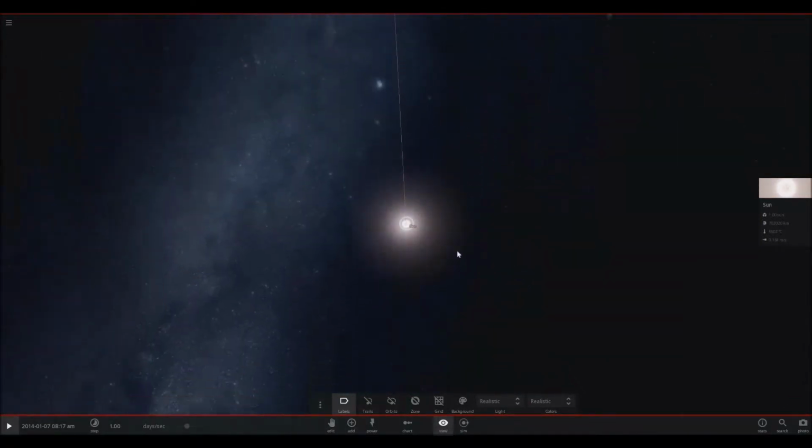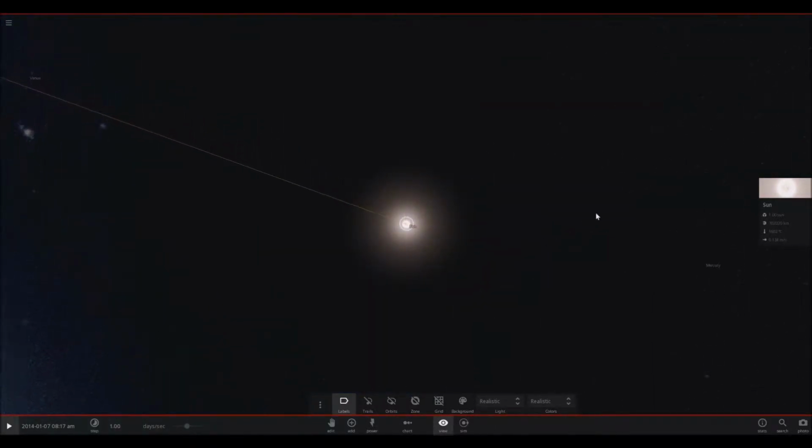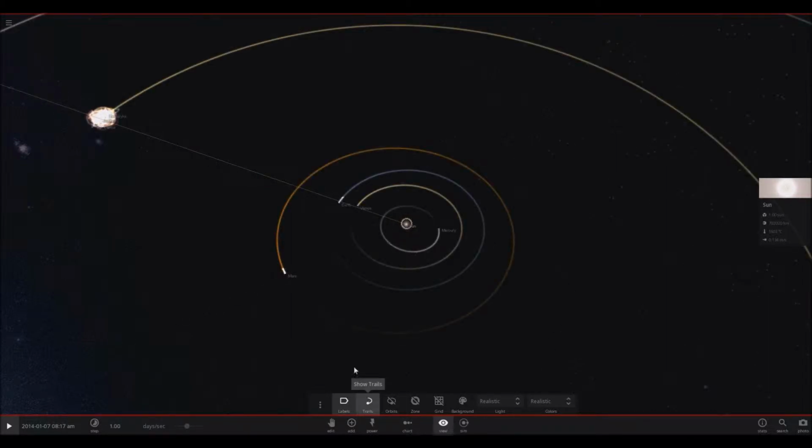Okay, so the Sun is the star of our solar system, and we can put the trails on so you can see them better. We have a number of moons in our solar system. We have the planets and the dwarf planets, and some of those will have moons and some don't.